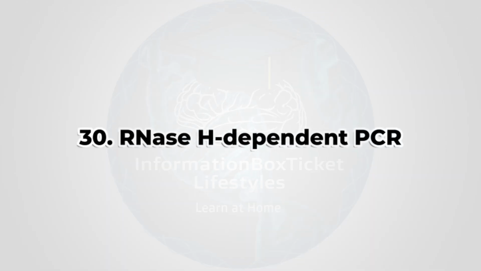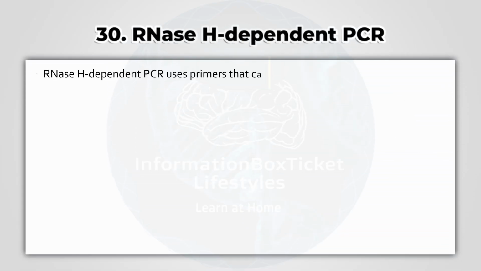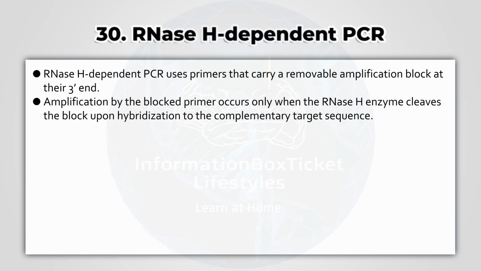30. RNase H-dependent PCR. RNase H-dependent PCR uses primers that carry a removable amplification block at their 3' end. Amplification by the blocked primer occurs only when the RNase H enzyme cleaves the block upon hybridization to the complementary target sequence.